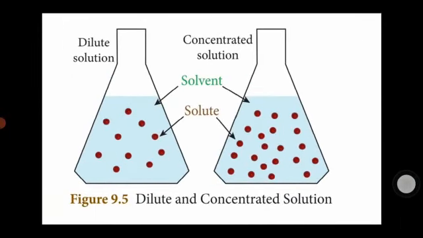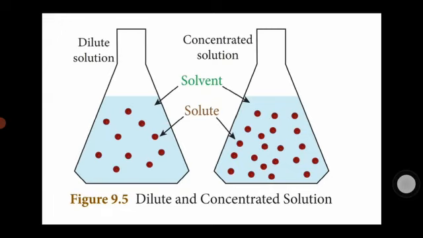See this diagram. The first beaker contains dilute solution. The second beaker contains concentrated solution. Beaker A and beaker B contain the same quantity of solvent. The blue color indicates the solvent. The first beaker and second beaker contain the same quantity of solvent, but the first beaker contains a lesser amount of solid particles.